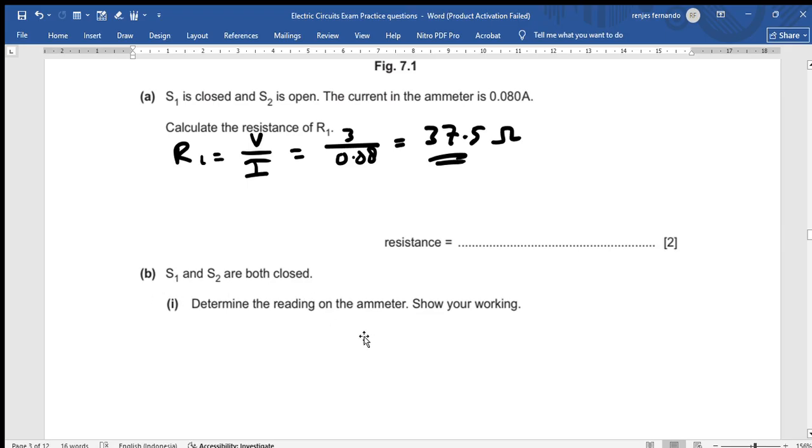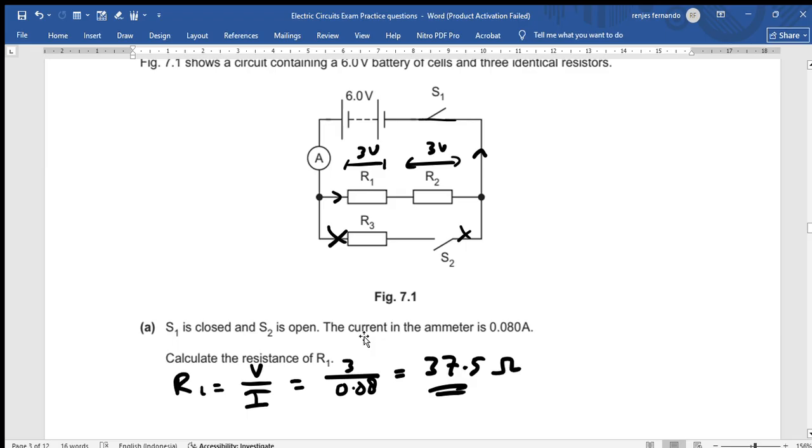Next one, S1 and S2 are both closed. Determine the reading on the emitter. So we have to find the total resistance first. R1 and R2 first. We have to combine that. R1 and R2 are the same.